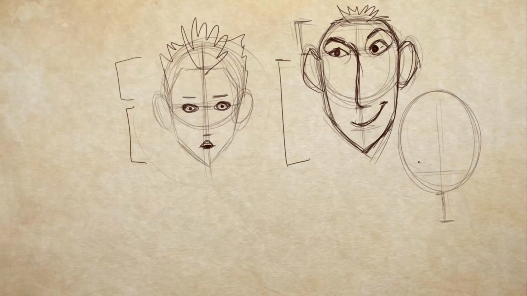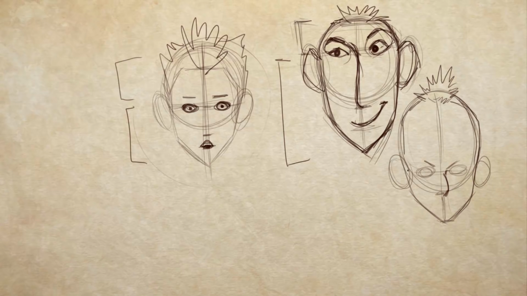So now what's going to happen is we're going to get a small nose, and we'll have the eyes around here. And we'll get this big forehead. Let's just keep the hair relatively similar. And there, now we have another character.